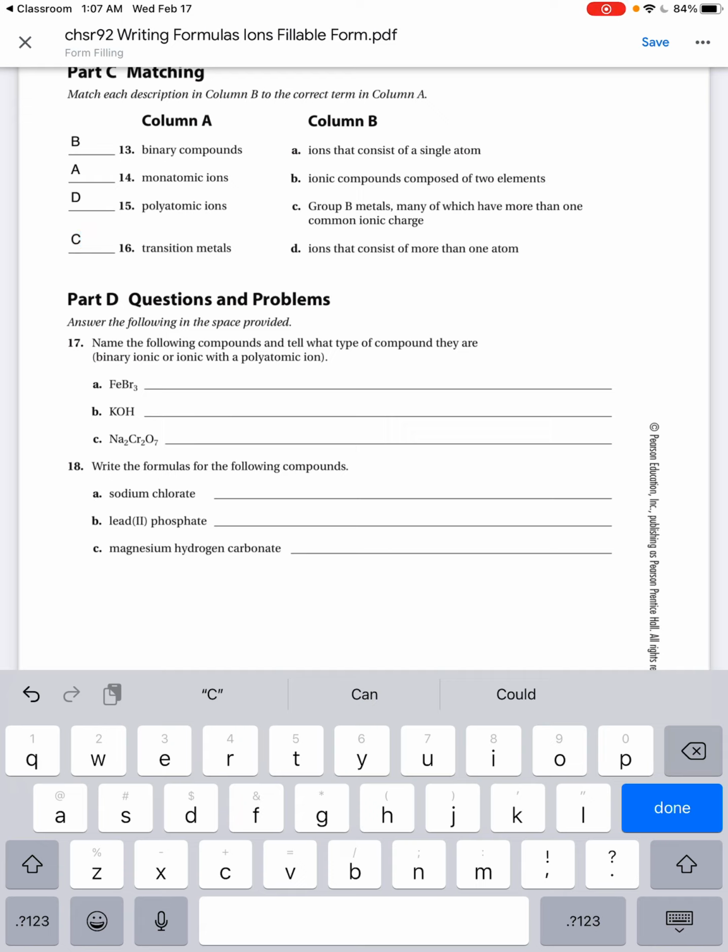Now, we need to name these following compounds.